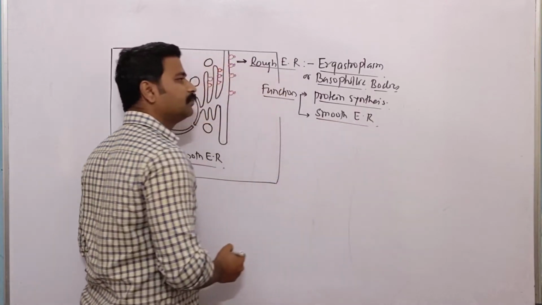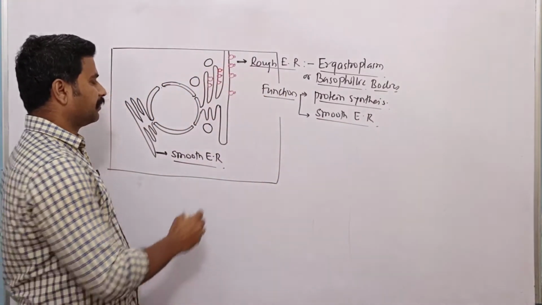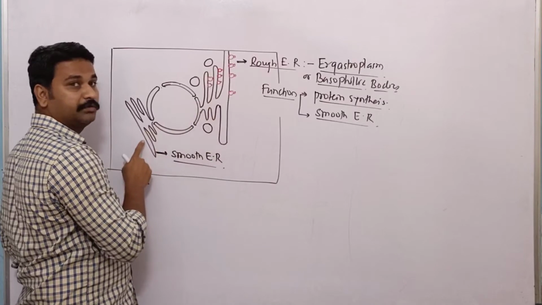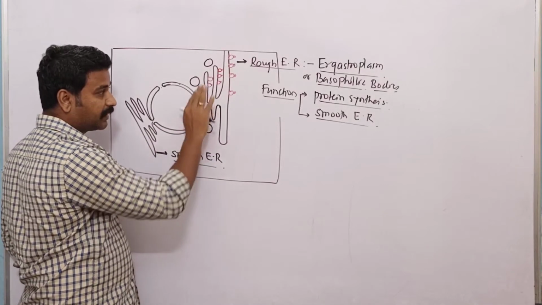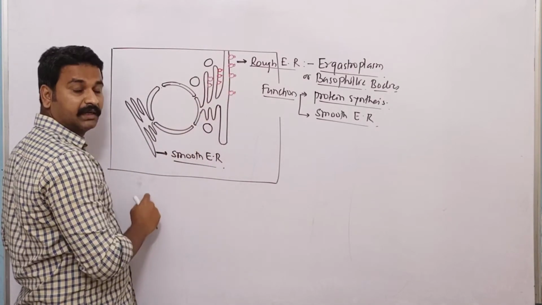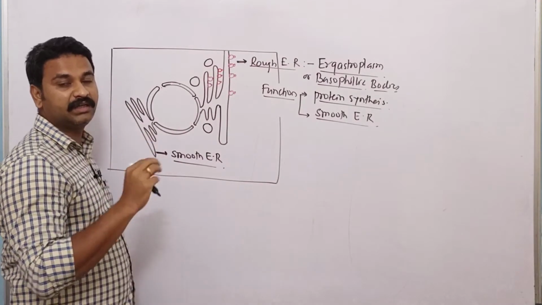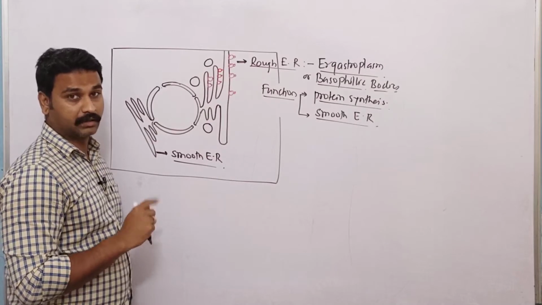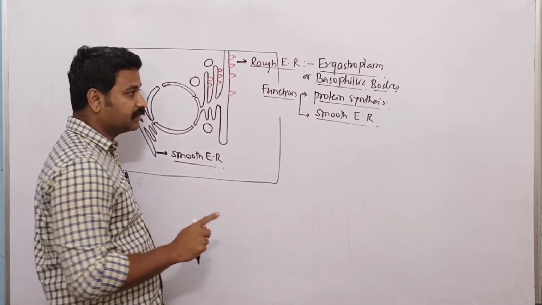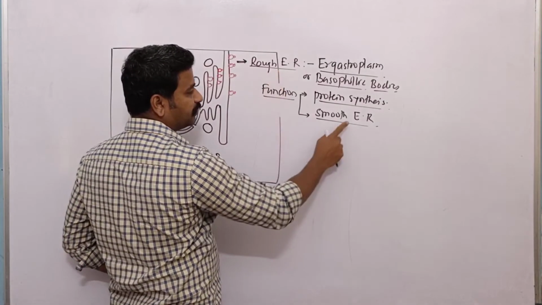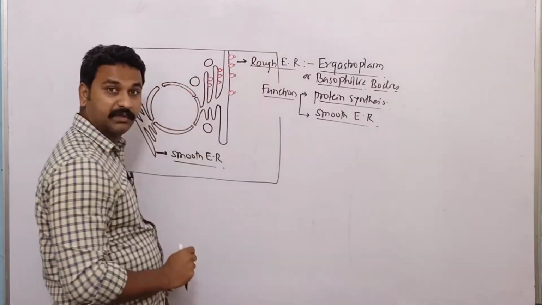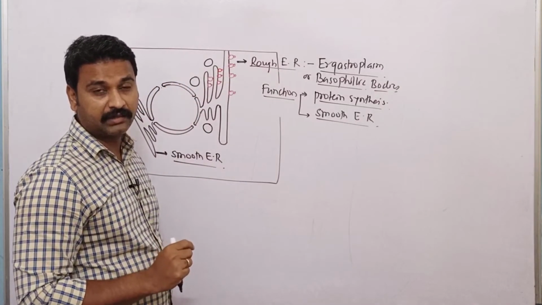This is one of the most important MCQs. Rough endoplasmic reticulum can produce smooth endoplasmic reticulum by removing the ribosomes. It is not the other way around: by putting ribosomes on smooth endoplasmic reticulum we cannot produce rough endoplasmic reticulum. It is always rough that produces smooth. Are you clear on this?